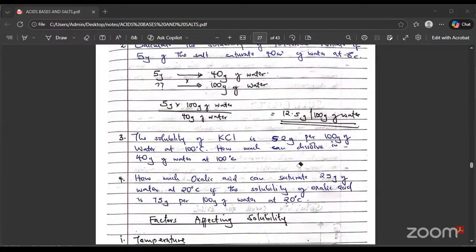Yes. Wakisema wakireduce water ikuje chini, that means they are saying 40 grams of water, the solubility ina reduce. Waki increase the water ipite 100, waseme 300 grams of water, the solubility again will increase. Yeah, the mass that will be dissolved also increases. I hope that one is okay.